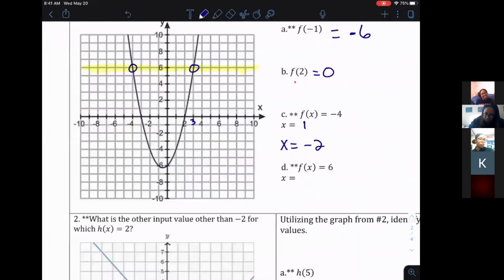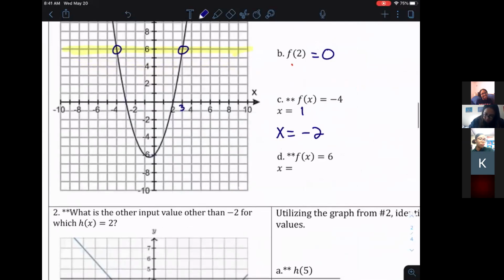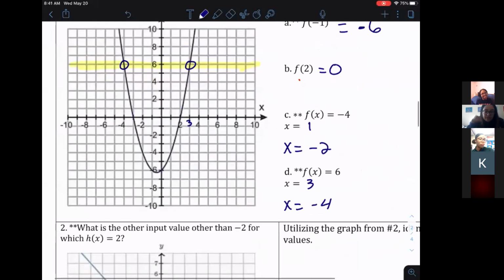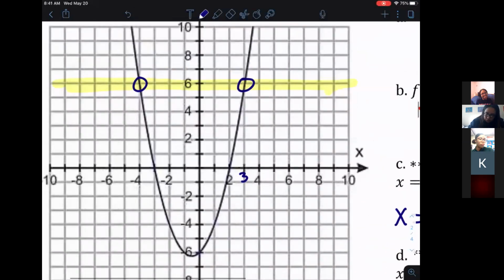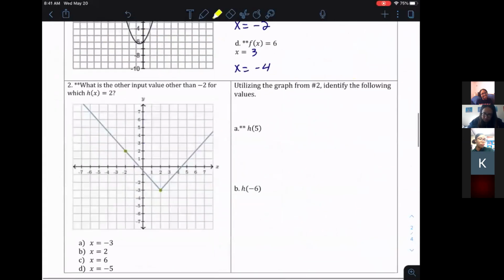Beautiful. Say it again. The x values are +3 and -4. If you need that visual anchor for what Kamari is saying, here are our 2 points, 3 and -4. Beautiful work, everybody. Let's move on to our next piece.